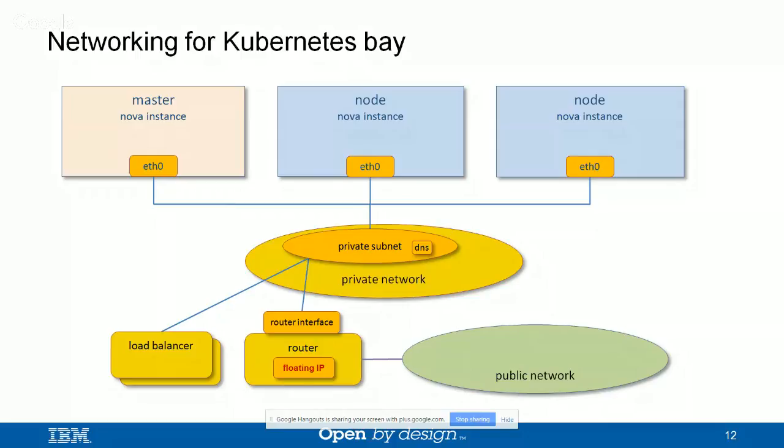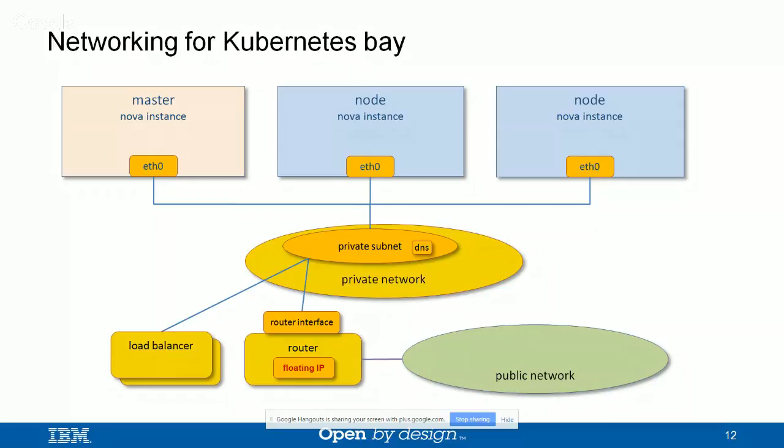Now, if you look at the bottom here, there's a public network, and this is where the connection to the external interface lives. The private network in the middle does not normally have a connection to the external network, so we have to add a router.